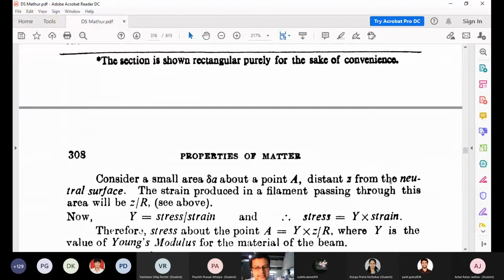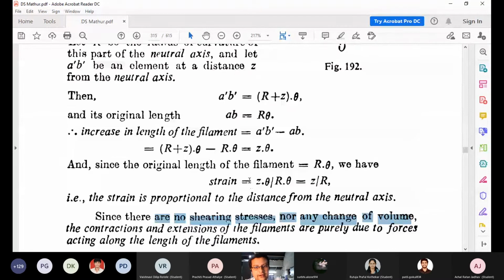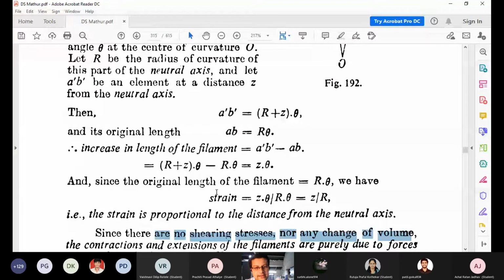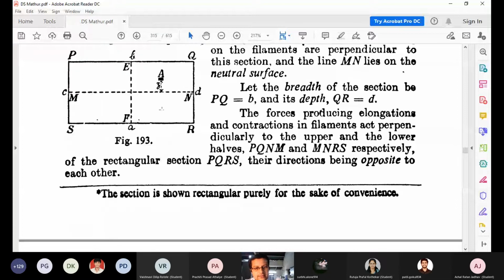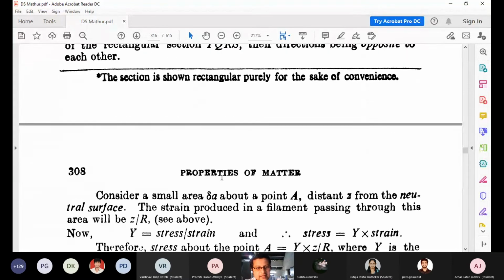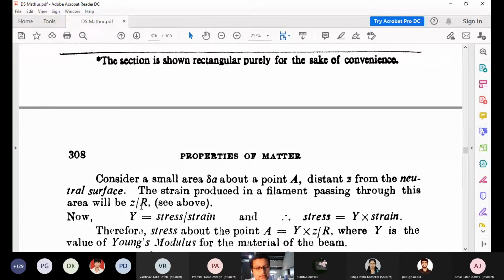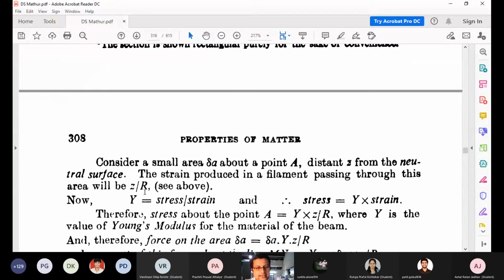So at a distance z from the neutral surface, the strain produced in the filament passing through this area will be z by R. We already calculated the value of strain in the earlier equations. You know how we calculated it. That strain comes out to be z upon R. So here it is the same thing. We consider a small area at the point A, at a distance z from the neutral surface. We know its strain value, which comes out to be that distance from the neutral surface divided by the radius of curvature, that is capital R.